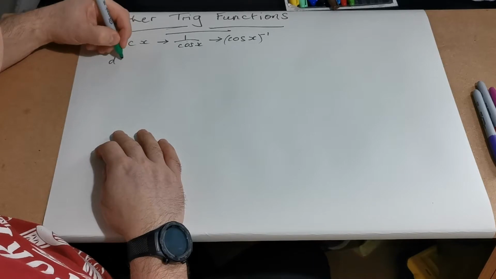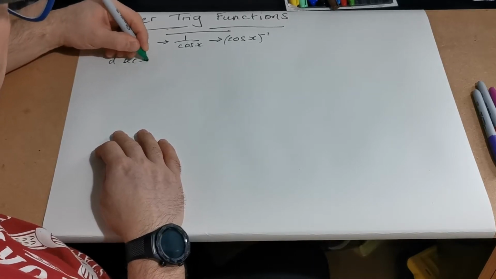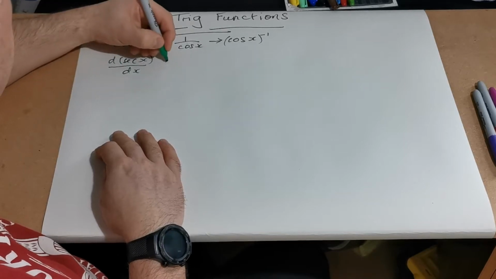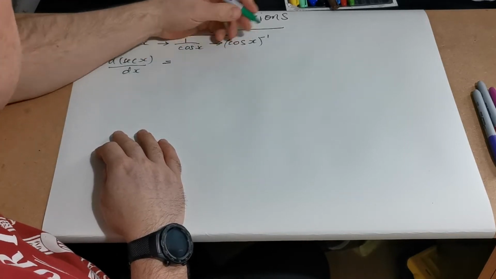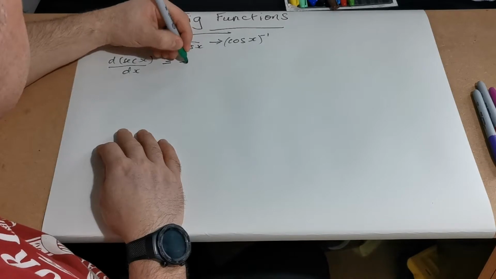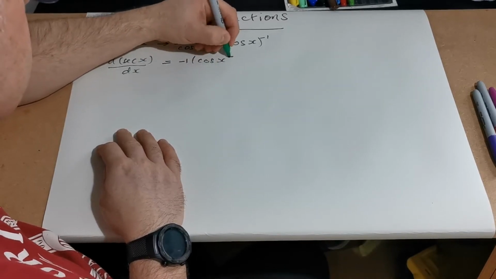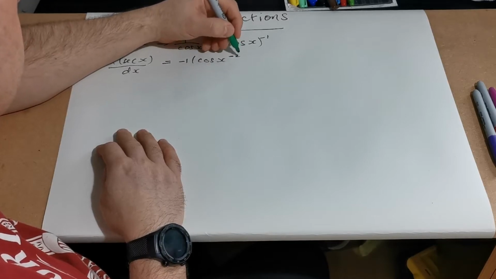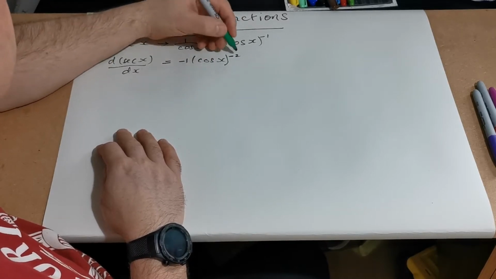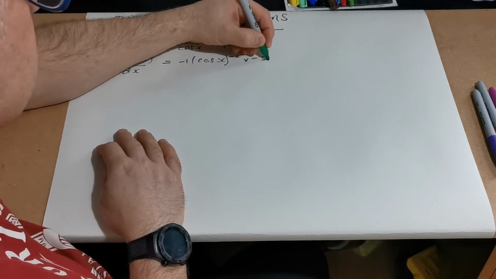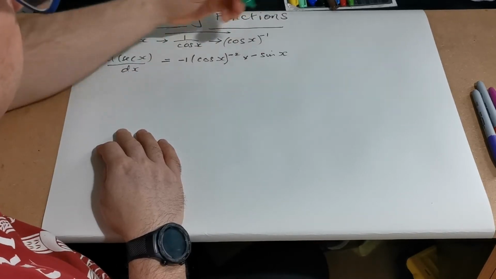So the differential of sec x with respect to x, you need to get used to writing that sort of terminology down, would be: differentiate the outer function, so minus 1 times cos x to the minus 2, and then times by the differential of the inside, times minus sine x.